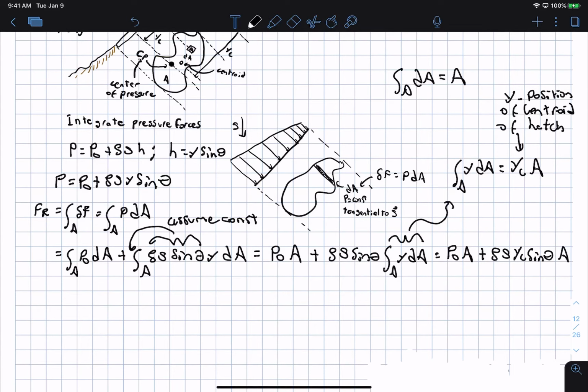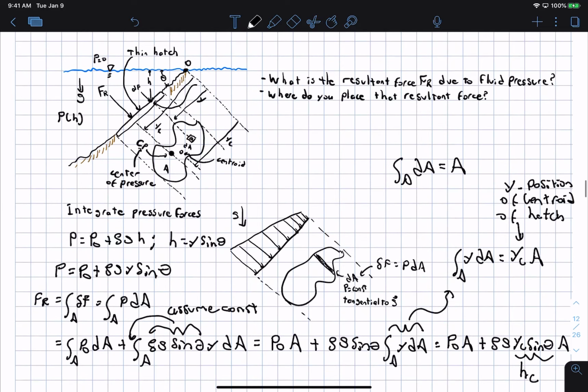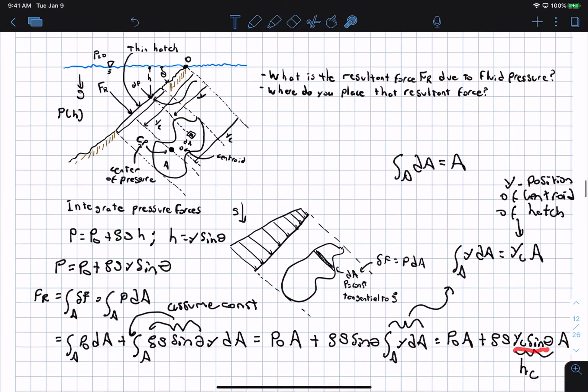Okay, well, yc sine theta is just the depth hc at the centroid of the surface. And to see that, we can say, well, if we sort of trace the centroid point up, that would be right here. And so yc is the distance from here to here, and hc is just the depth of the fluid at that point. Okay, because that's just yc sine theta.